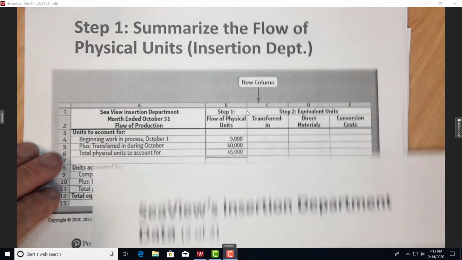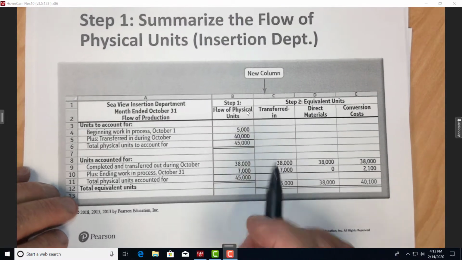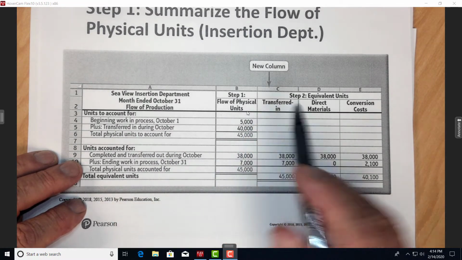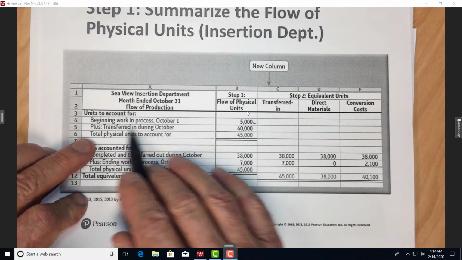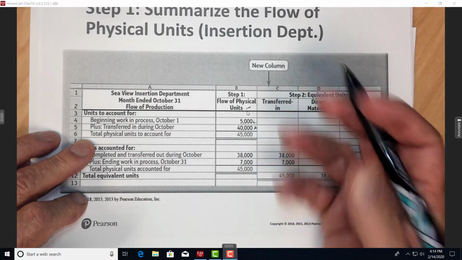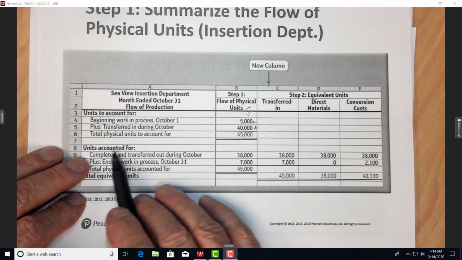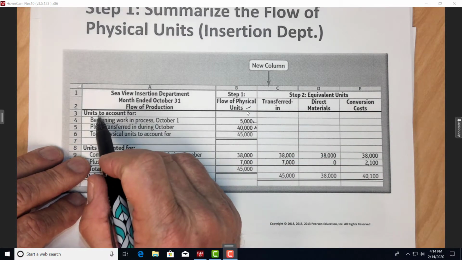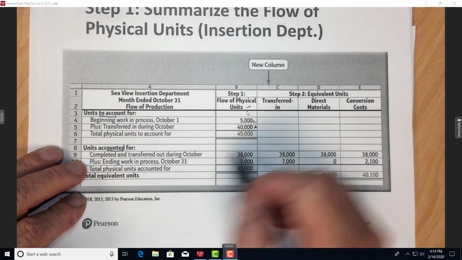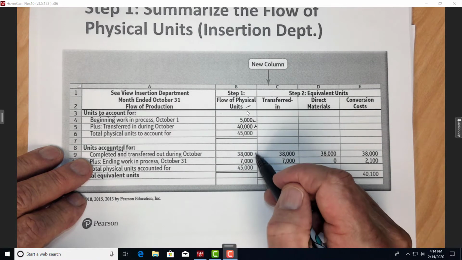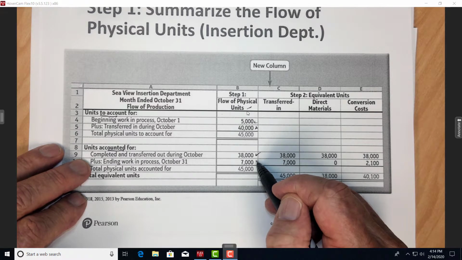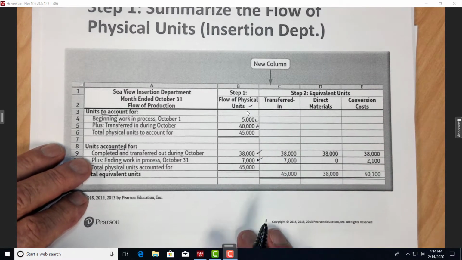So in step 1, you are summarizing the physical units. The beginning work in process, 5,000, which they give you, and the transfer in of 45,000. This is the flow of the physical units, and these are the units to account for. This is accounted for: completed and transferred out is 38,000, and ending work in process is 7,000.